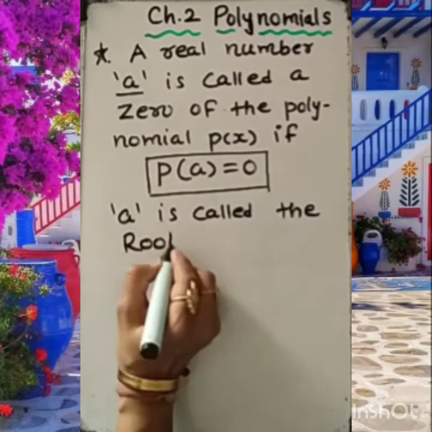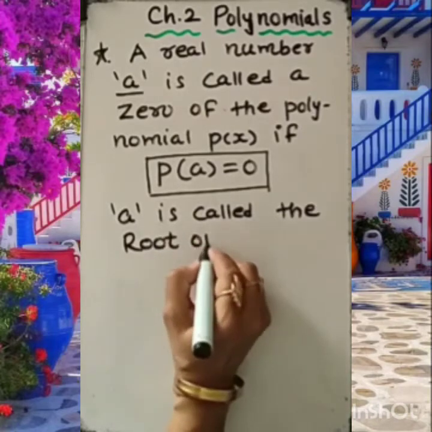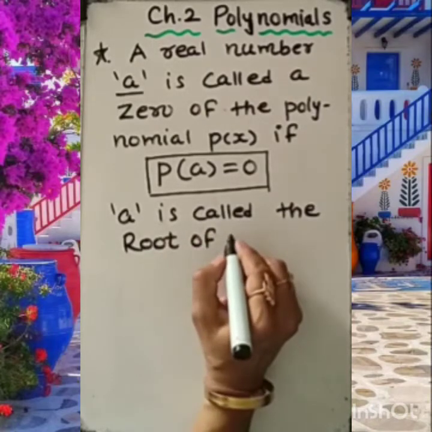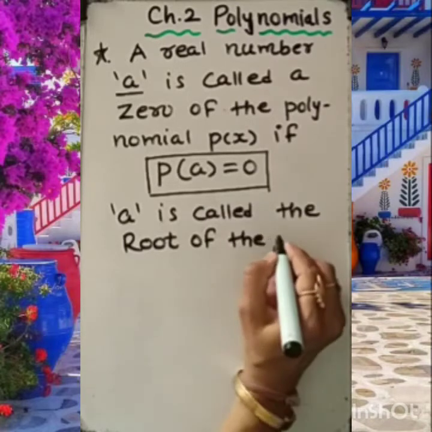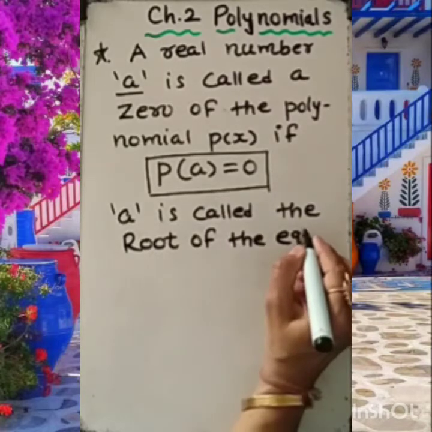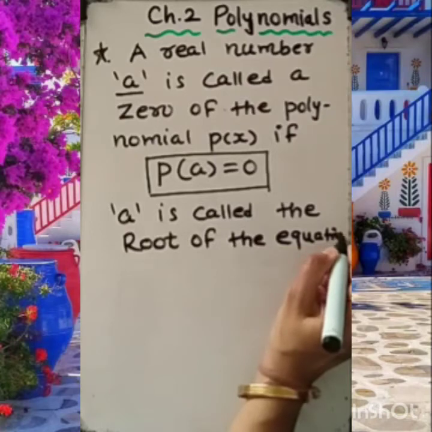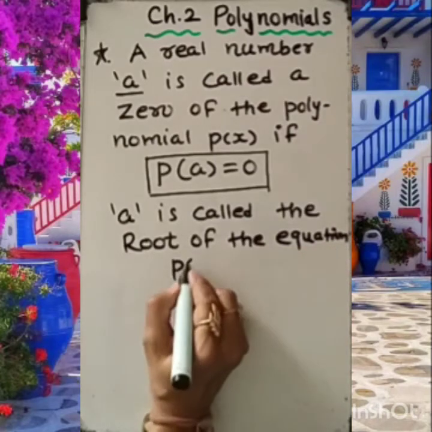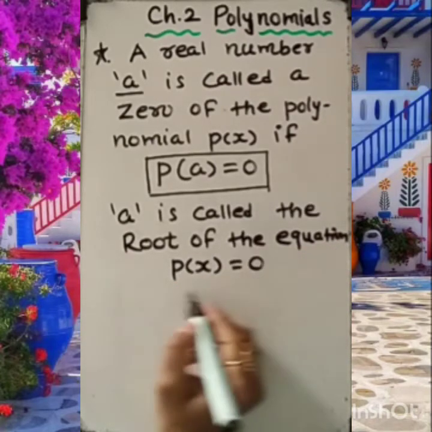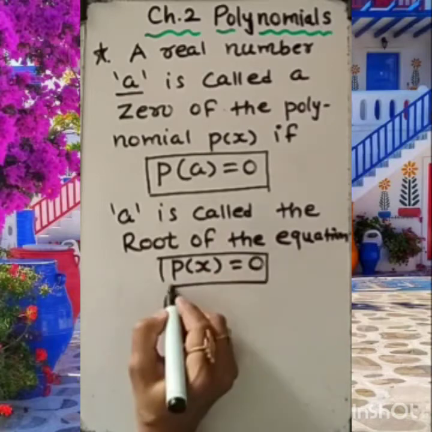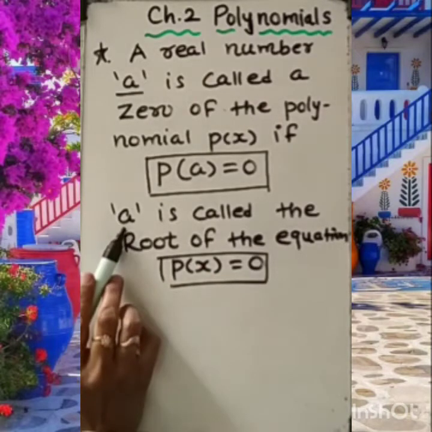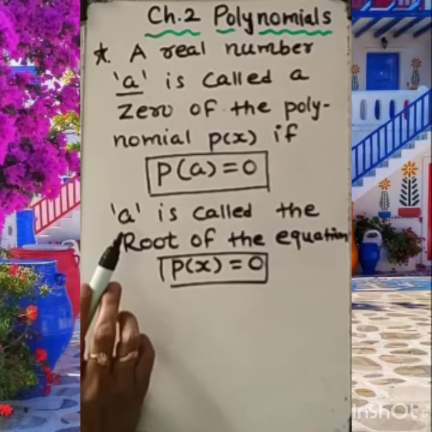Please remember these new words which we are going to study in the chapter. Root of the equation p(x) equal to 0. So the value a is very important.